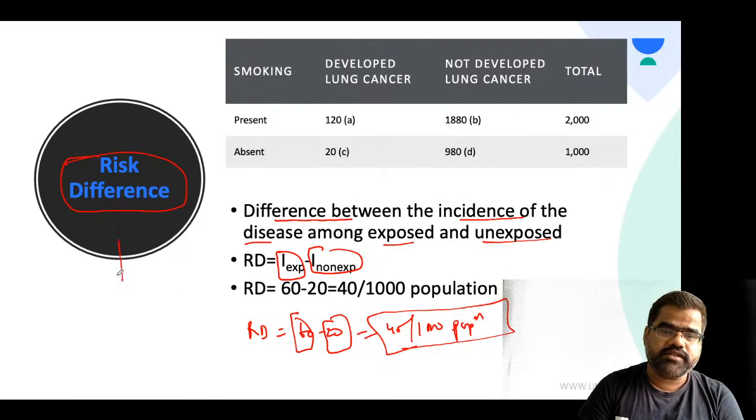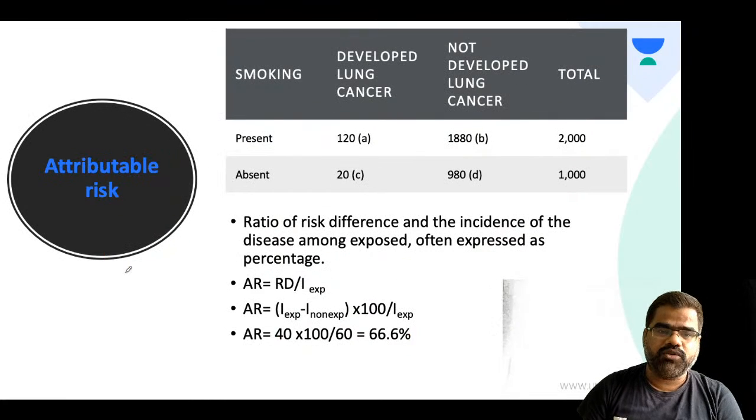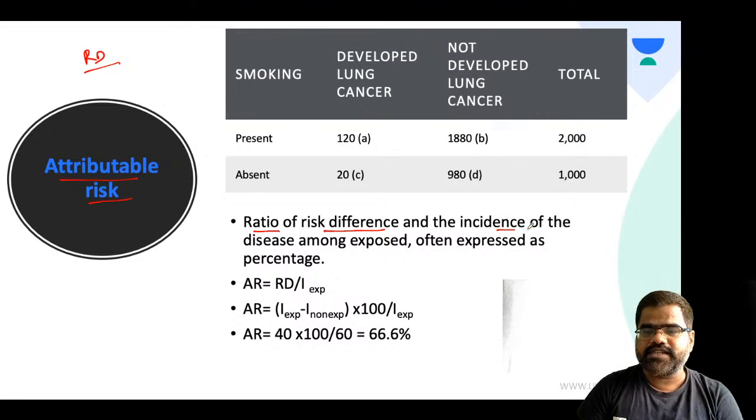Now this is risk difference. So can we calculate attributable risk now? Let's try to calculate attributable risk. For attributable risk, we have to take the ratio of the risk difference, RD, which I have already calculated, and the incidence of the disease among exposed.